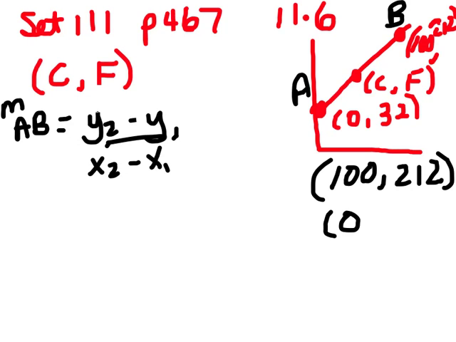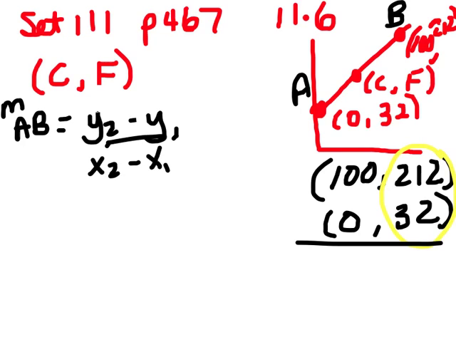Isn't point A (0, 32)? This is kind of an informal way to look at slope, but if I stack my points like this, aren't I supposed to subtract y's on top? If I come over here and I'm subtracting my y's, aren't these my y's?